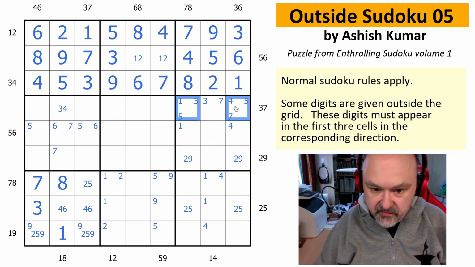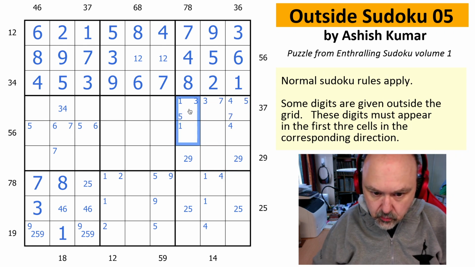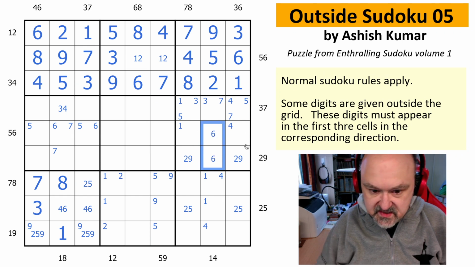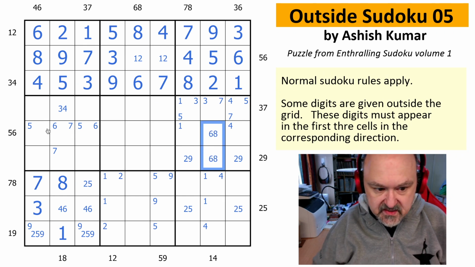So 5 is one of these, and this is a 1, 3, 4, 5, 7 quintuple. So what we're missing from this is 1, 2, 3, 4, 5, 6, and 8. And 6 must be over here. So this is an 8, this is a 6.